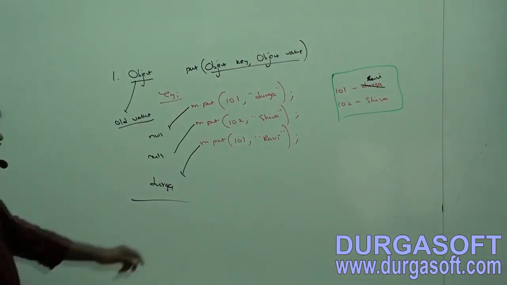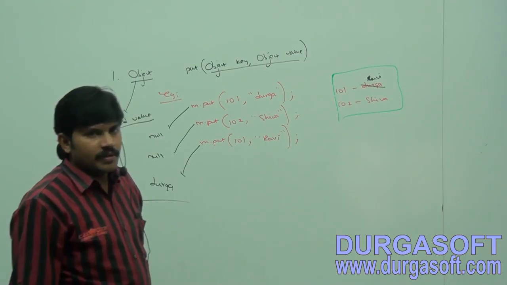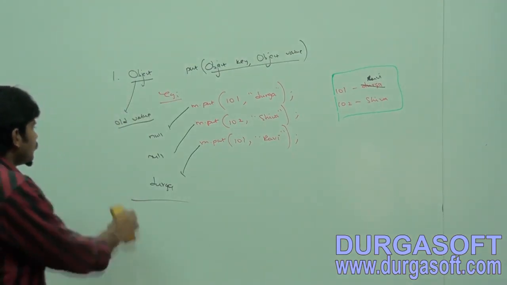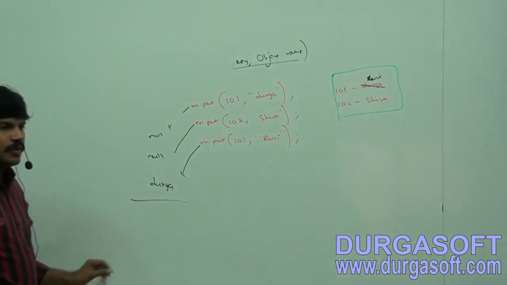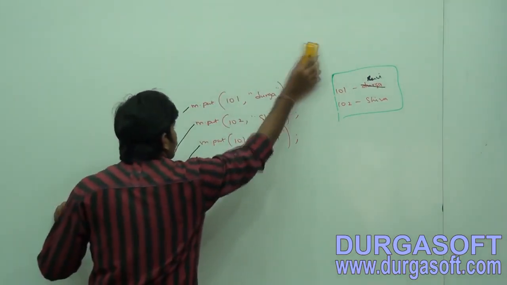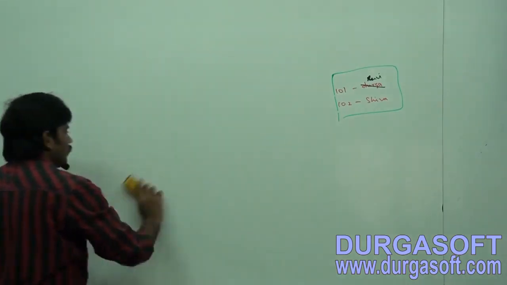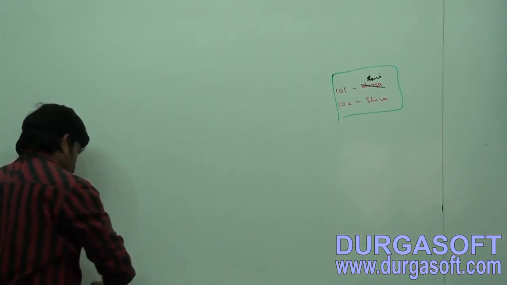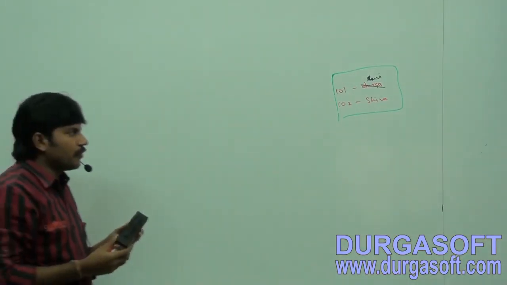So better to take this diagram also. Durga got replaced with Ravi. That's all. I hope the terminology is clear for you people.